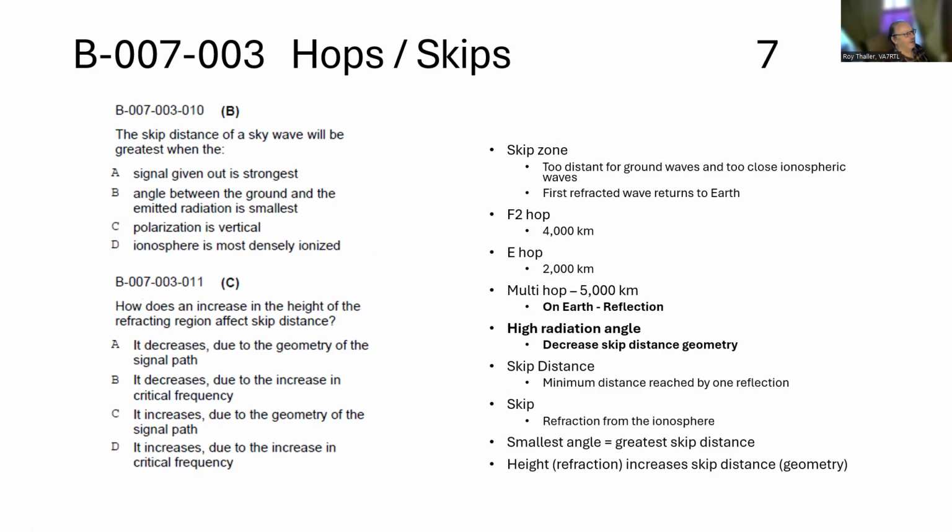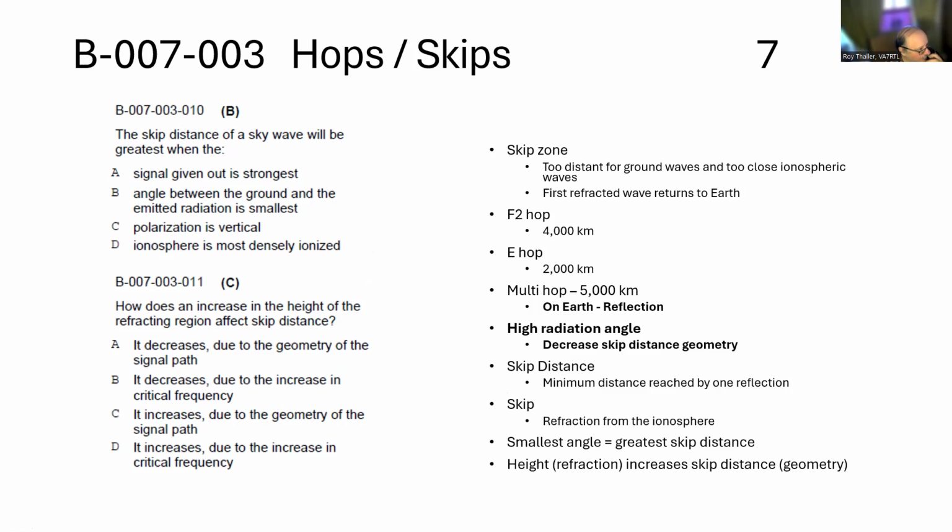The skip distance of a sky wave will be greatest when, again, this all has to do with the angle of the antenna and the height. So B is the correct answer. Angle between the ground and the emitted radiation is the smallest. So B is the correct answer.